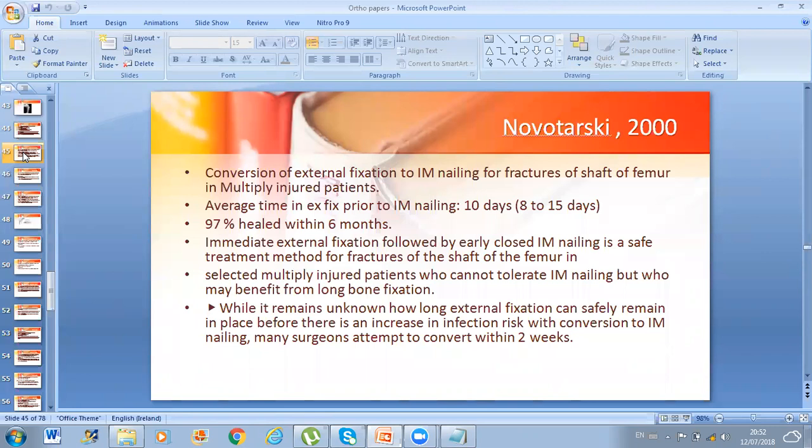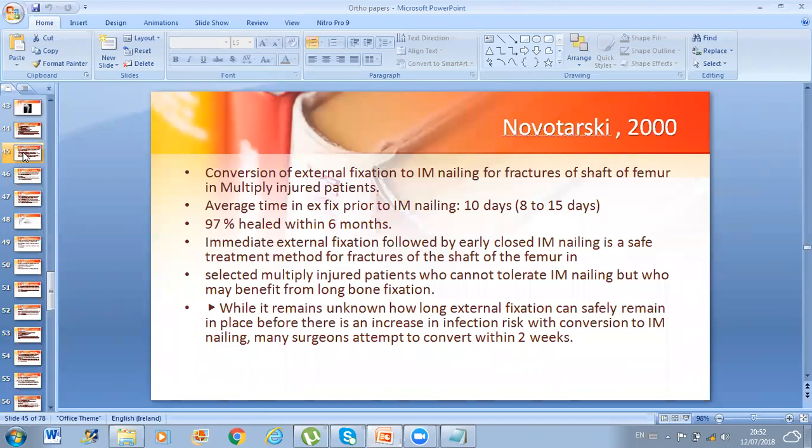So this is Nowatarski, 2000. He showed conversion of external fixator to IM nailing of fracture shaft of femur in multiple injury patients. He said average time in X-fix prior to nailing was 10 days and 97% healed within 6 months. He quoted that it remains unknown how long external fixation can be safe before there is increase of infection risk, but in his study he did conversion within 2 weeks and the results were excellent.